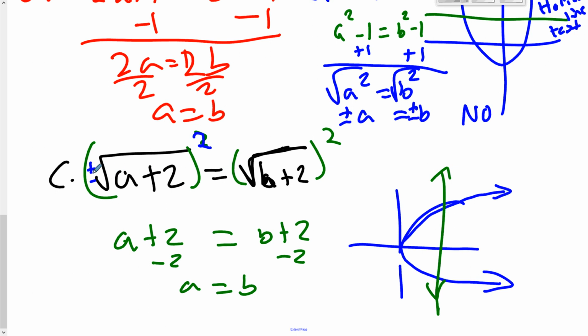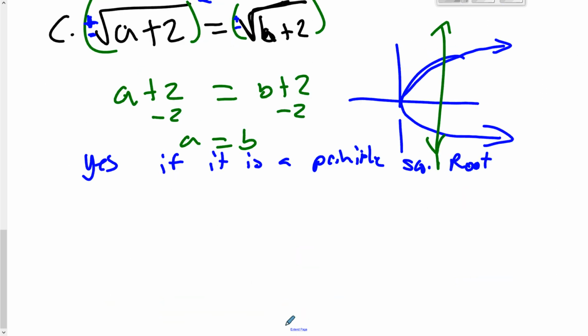But I don't know if this side inside is a positive or a negative. So that's why, even though it comes out to a equals b, we need to decide, is this a principal square root or is it just a square root? And so you just need to identify. You could say yes, it is, if it is a principal square root.